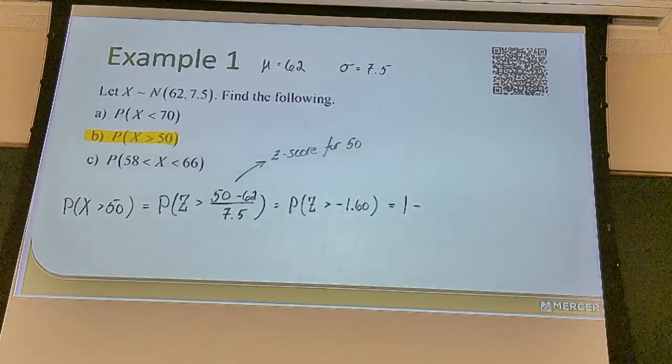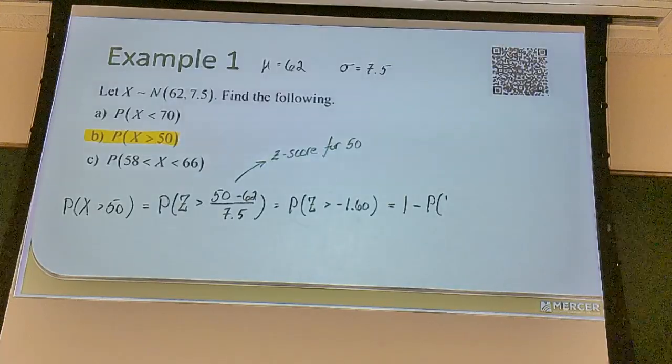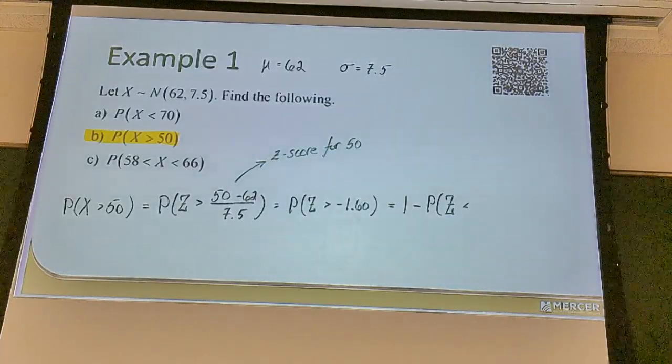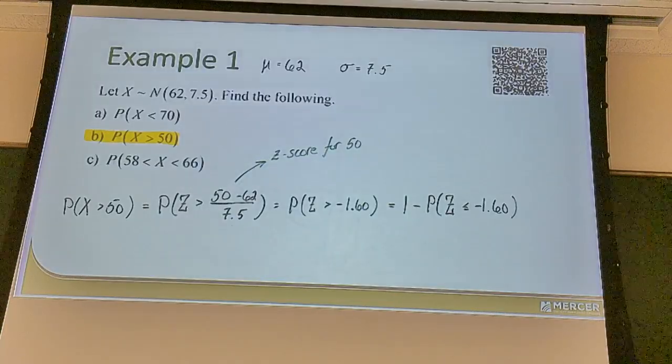The less than, technically less than or equal to, but it doesn't distinguish that. The area to the left of negative 1.60, because that value is in the table.